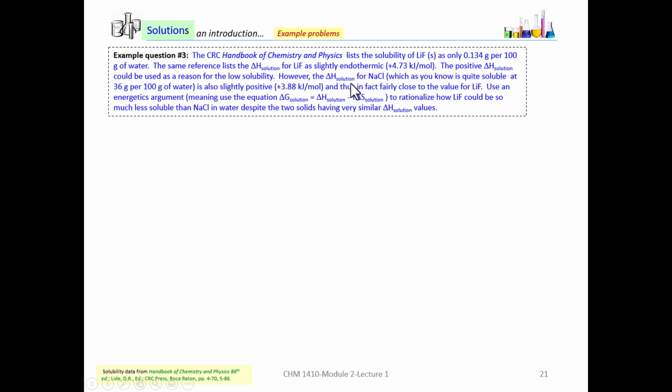The positive delta H of solution could be used as a reason for the low solubility. However, if you recall, the delta H of solution for sodium chloride, which as you know is quite soluble at 36 grams per 100 grams of water, is also slightly positive, 3.88 kilojoules per mole. These two values are fairly close.